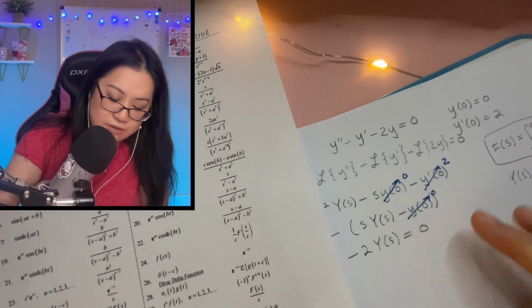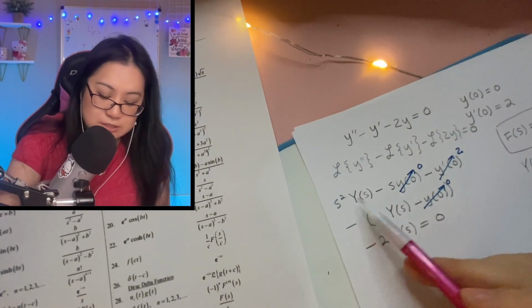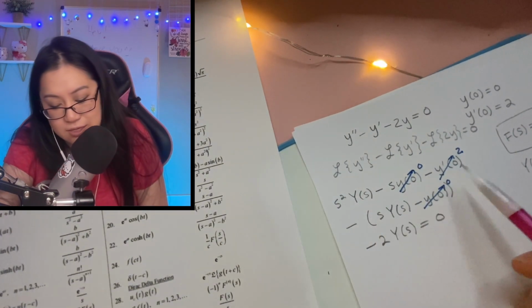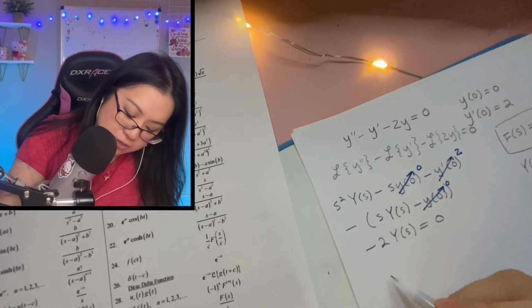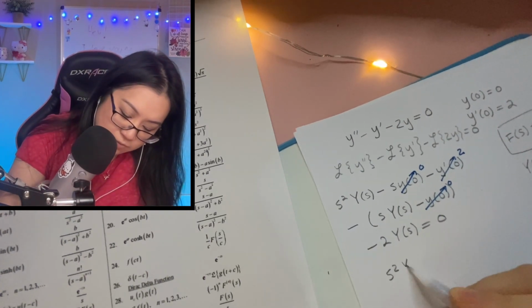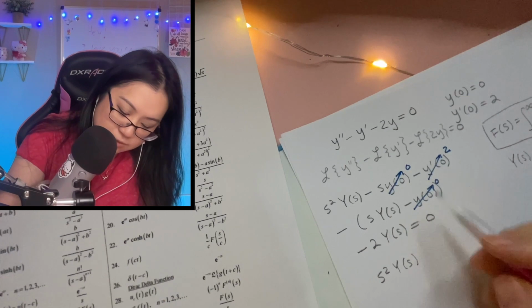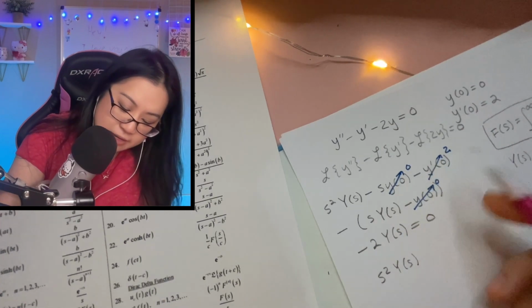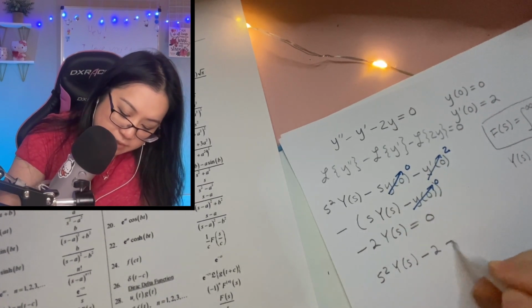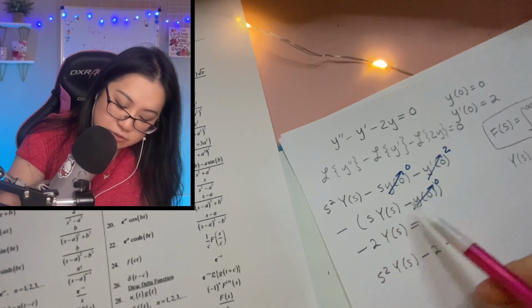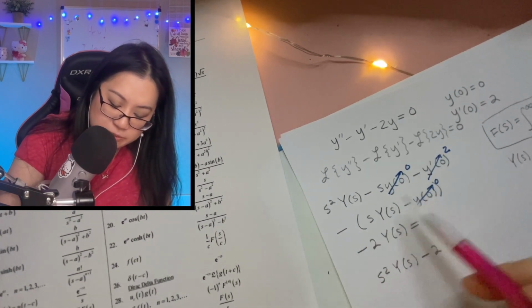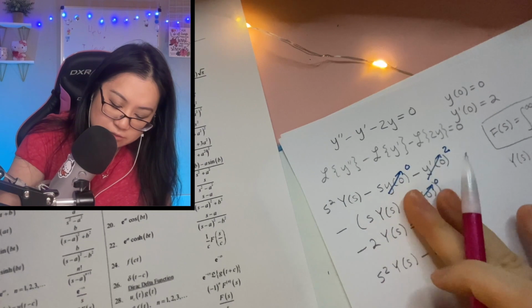And I think that leaves us with just s's, Y of s, and a constant. So let's see what we get when we clean that up. So we have minus 0, that goes away, minus 2, minus, this goes to 0, but normally I would have to distribute this negative, but this is 0, so that goes away.